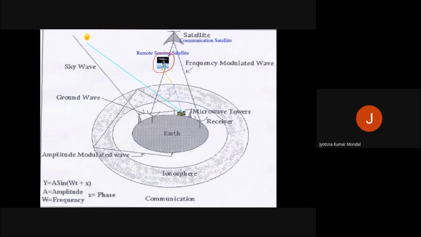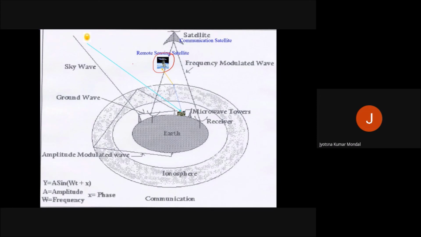Here the interesting feature is that the sensors are here. There may be a single sensor, there may be multiple sensors, multispectral sensors, hyperspectral sensors. I'll discuss everything in detail subsequently. But these are not active sensors.